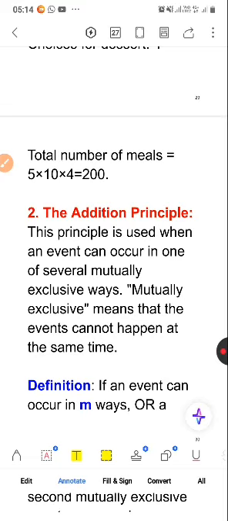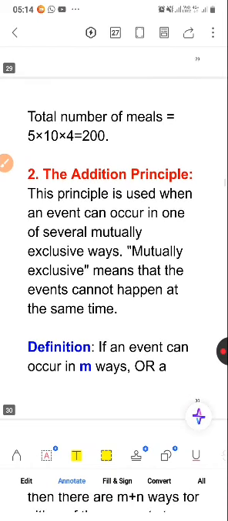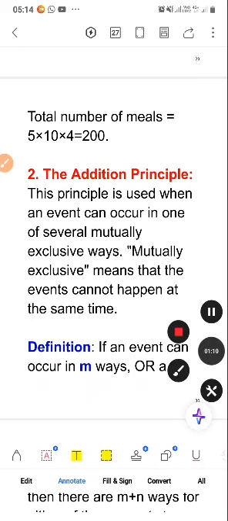How do we combine them? When they are two different objects and they are not sequential, one occurs differently and then the other occurs differently.